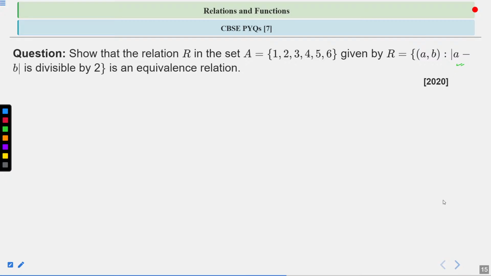We basically have to show that again, it is an equivalence relation.